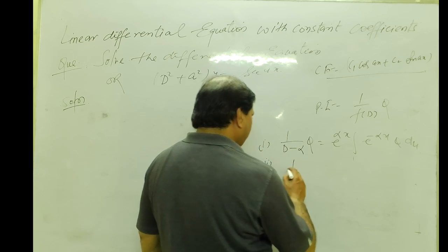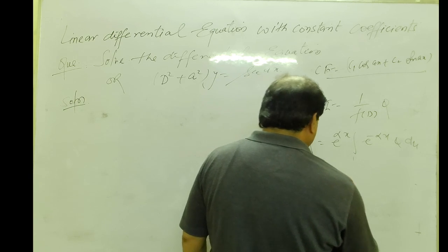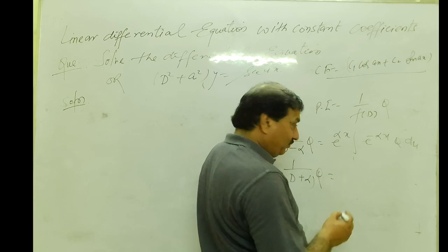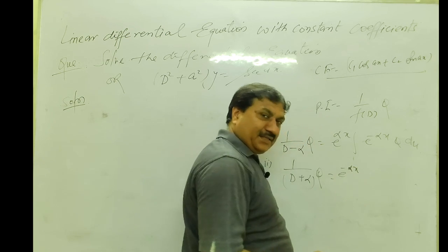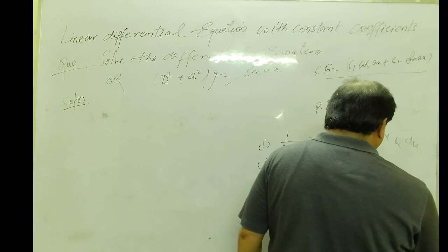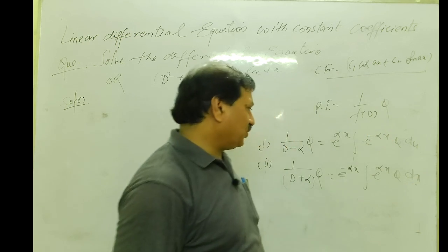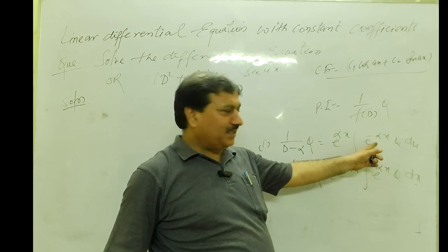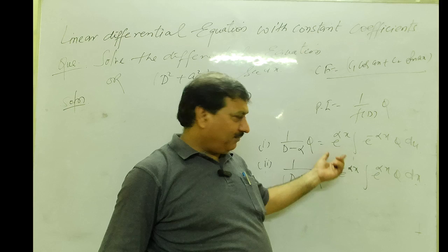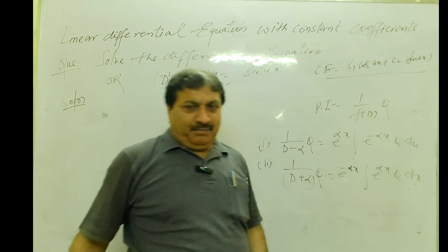And the second part, 1 upon (D plus alpha) Q equals e power minus alpha x integral of e power alpha x Q dx. This is only a minor change: suppose inside minus alpha x, outside plus alpha x; suppose outside minus alpha x, inside plus alpha x.